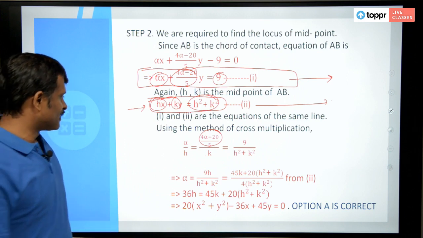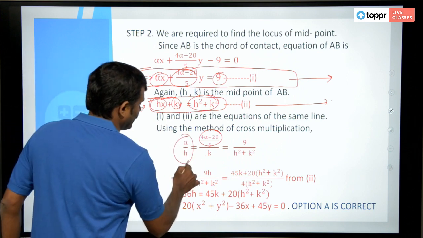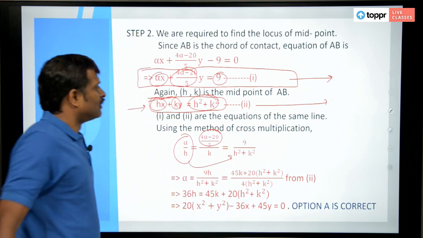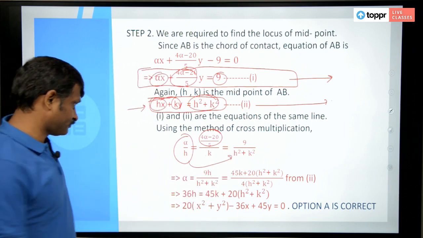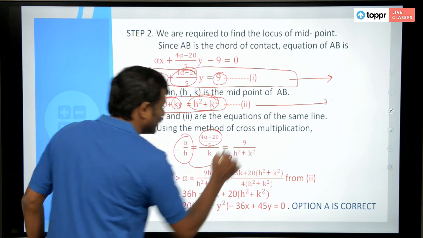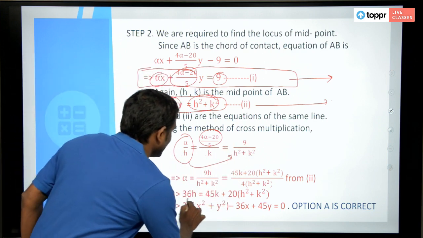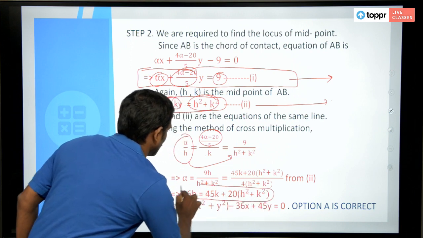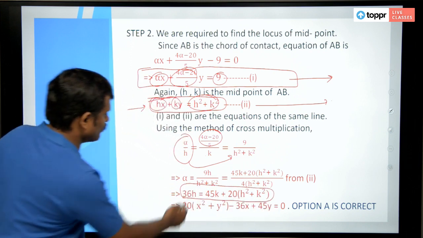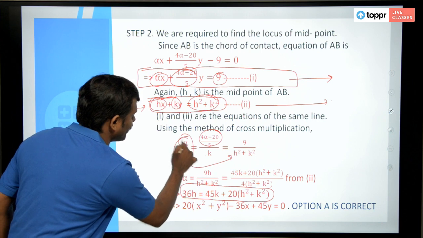On simplification, if you equate alpha by h to 9 by h square plus k square independently, and then this one to this, on doing simple algebra you end up getting this equation. It is simple, you have to isolate alpha in both cases.